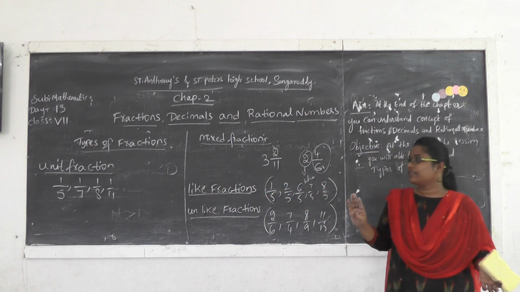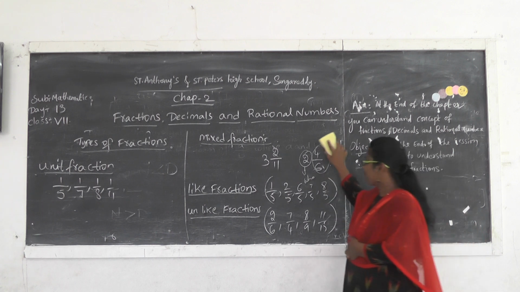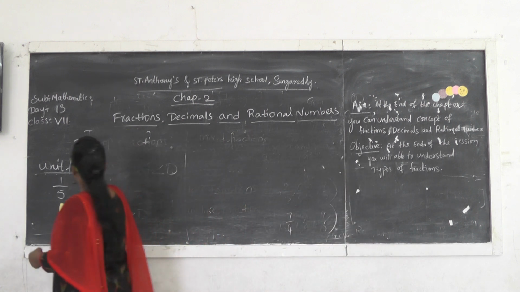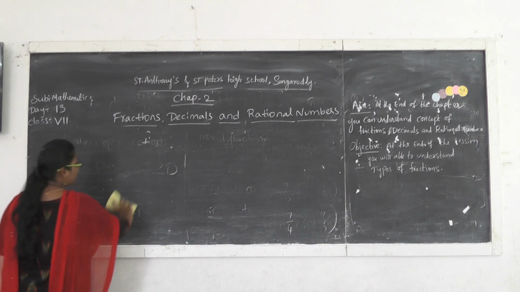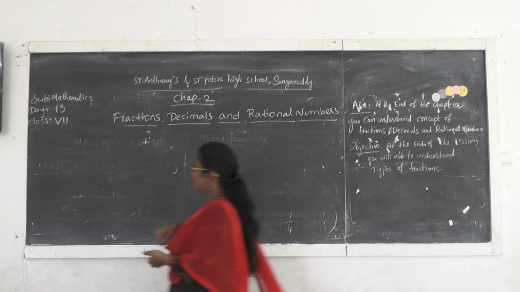Okay, now these are the types of fraction. Let's move to the conversions of fractions. Now we are going to learn how to convert improper fraction into mixed fraction and mixed fraction into improper fraction.